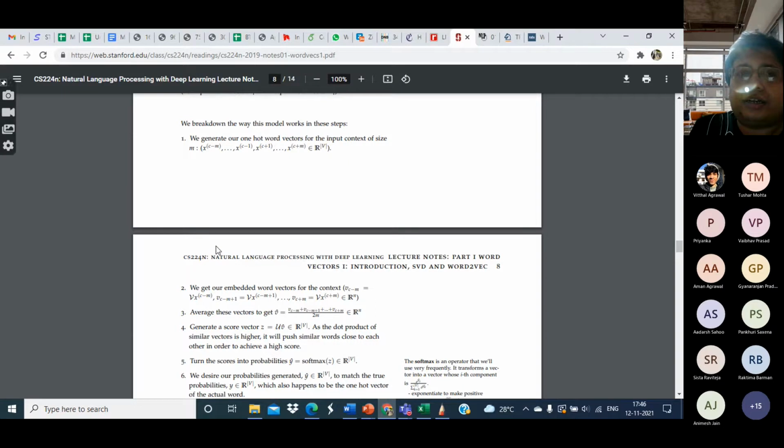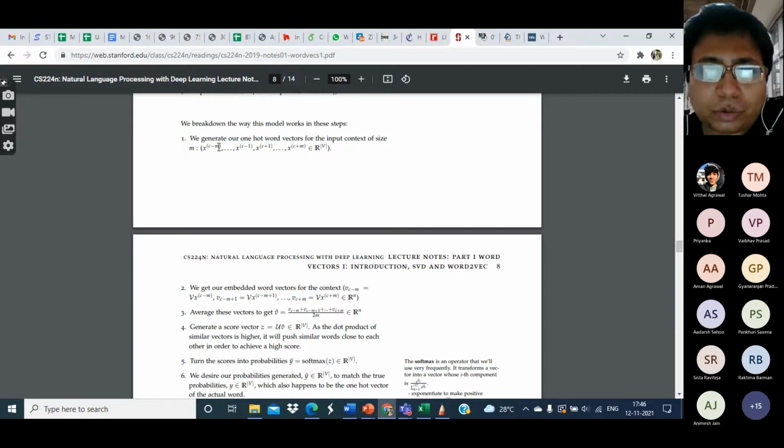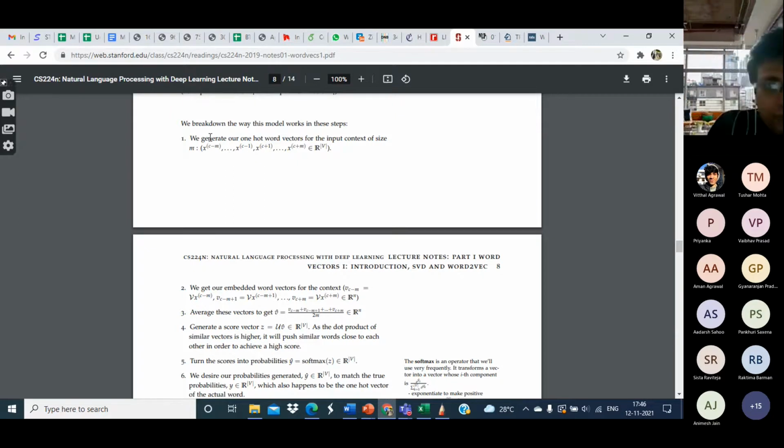All the other positions, V minus 1 positions, will be 0. So this is what is known as the one hot encoding. For each of the words in the context, I will simply create a one hot encoded vector like this. There are 2m context words, m on this side and m on this side. For each of them, I will get their corresponding one hot encoding.